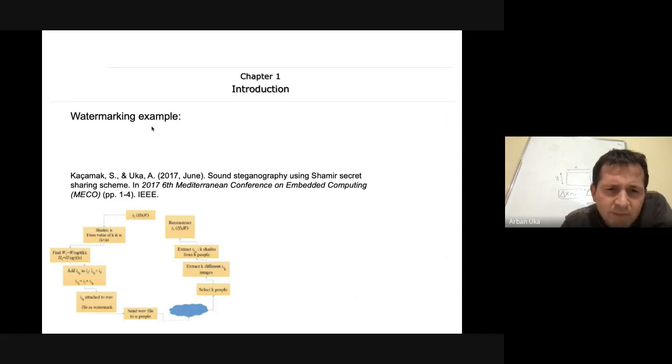We had an image, we divided it into 8 different components, and we hid these 8 components inside 8 different audio files. So we embed those into these audio files, and a user can still listen to the same audio file, but does not know that there is 1/8 of an image hidden inside.